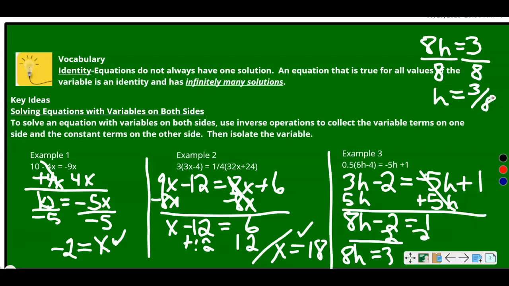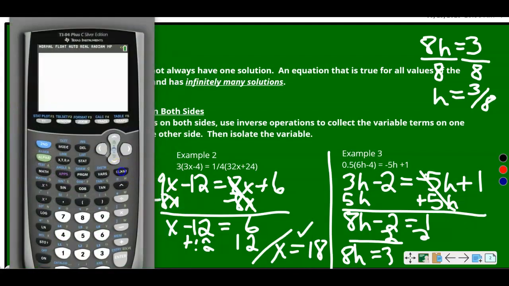All right, again, I can plug in 3/8 and see if that works on both sides of the equation, and we can quickly check that. So I'm going to do 0.5 times 6. H is 3/8, so I'm going to plug in 3/8 here.